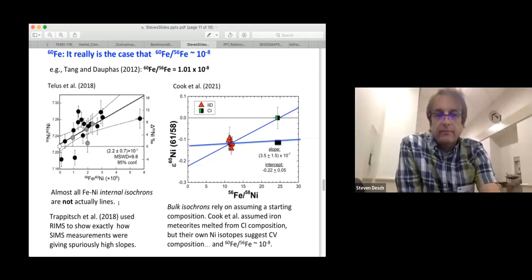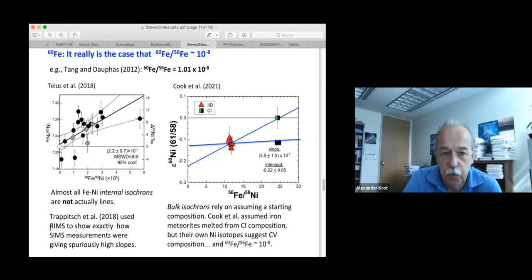They analyzed the same chondrule that was measured by Tang and Dauphas, the graph shown on the left, and they also inferred a very low initial ratio. But again, they were only able to put an upper limit. So the upper limit on the isochron for this chondrule is consistent with the lower limit of the paper by Tang and Dauphas. So again, this is the problem. This is why the issue is not solved.